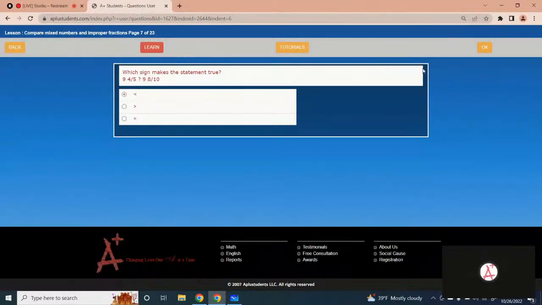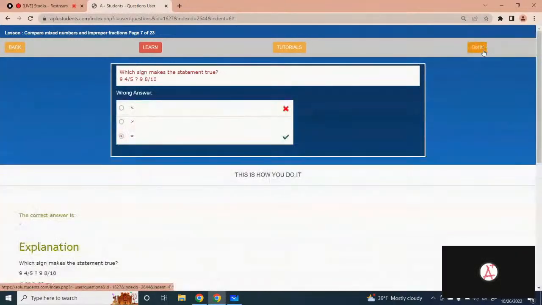Got it? Oh, they are equal. We can write 8 by 10 as 4 by 5, so they are equal.